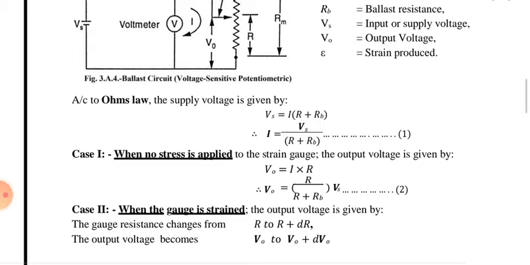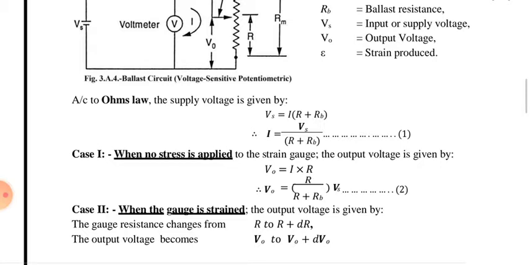The output voltage is given by VO equal to I into R, so VO equal to R by R plus RB into Vs. How does this come out? According to Ohm's law, we have already calculated I equal to Vs by R plus Rb.